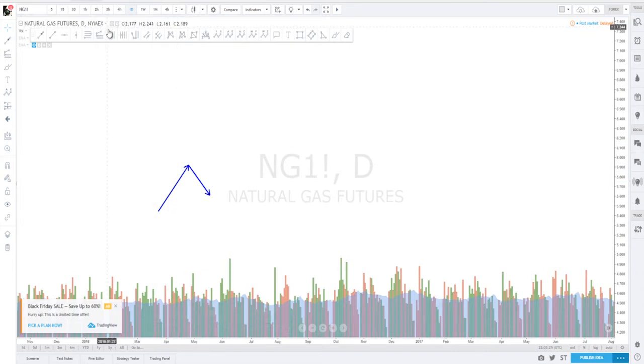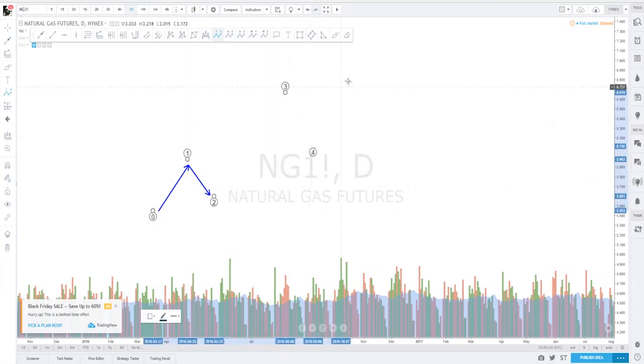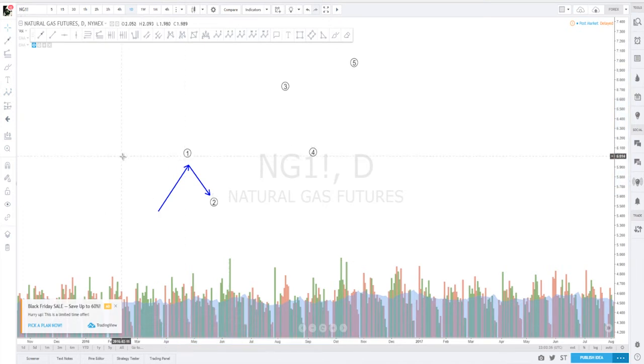So Elliott wave is made of 5 waves. Let's call it 1, 2, 3, 4, 5, and then each wave has smaller waves inside.